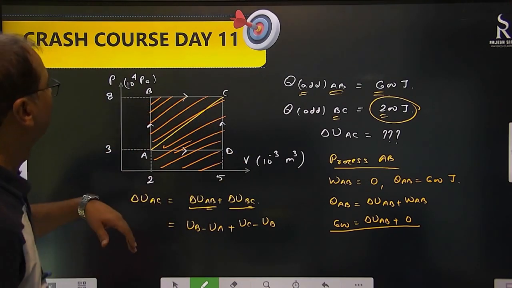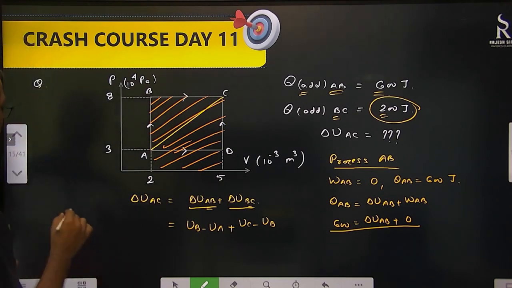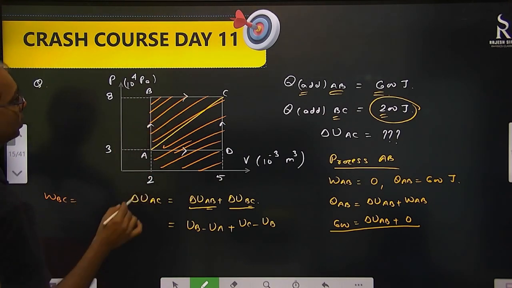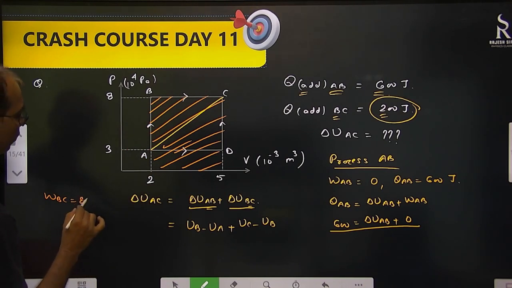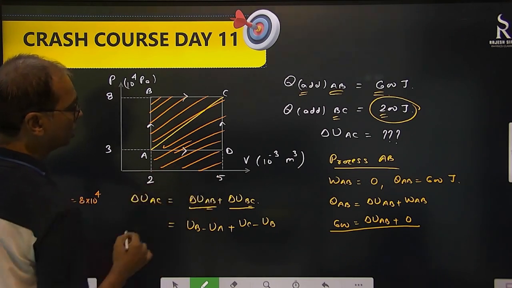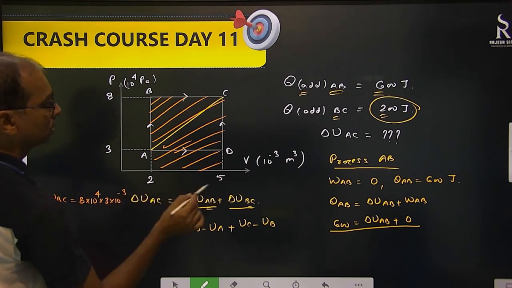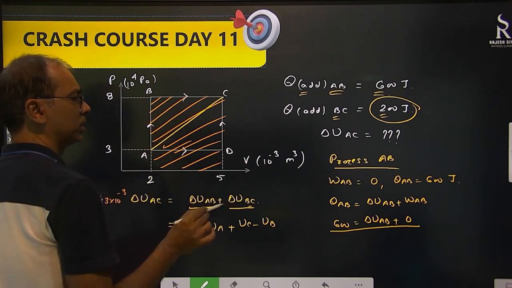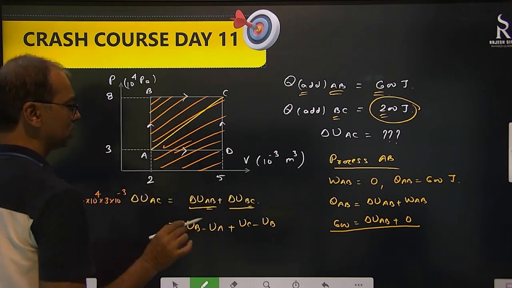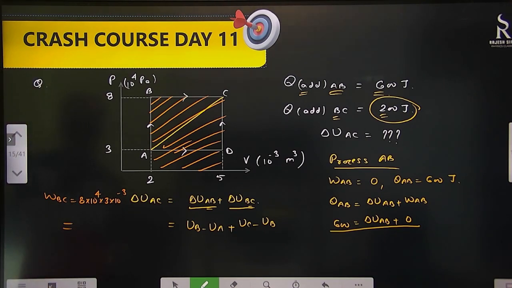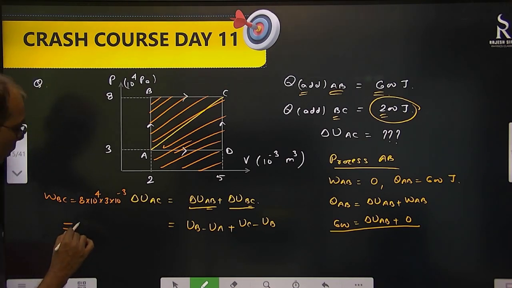This is a rectangle, so work done in BC we can find. It is 8 into 10 to the power 4 times 3 into 10 to the power minus 3. This is in meter cube, this is in Pascal, so we don't have to worry about the units as such. It will come in Joule. How much is that? 240 Joule.